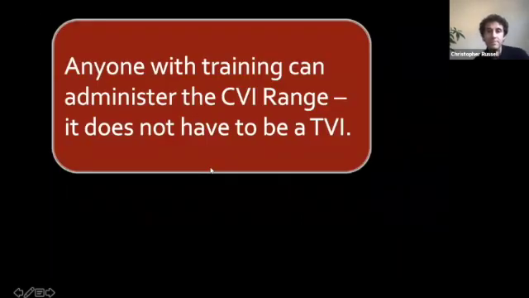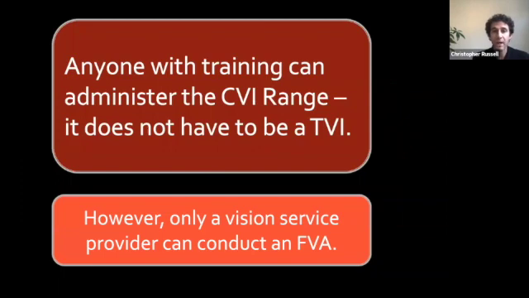So to clarify, anyone who has training and reliability in administering the CVI Range can administer it. It doesn't have to be a TVI, but you cannot call it an FVA unless you're a TVI or a certified vision service provider. I've heard that it varies from state to state as to whether an O&M instructor or a CVRT, certified vision rehabilitation therapist, can administer an FVA.